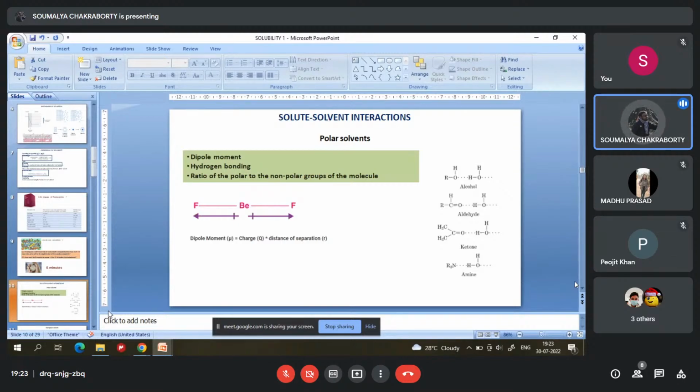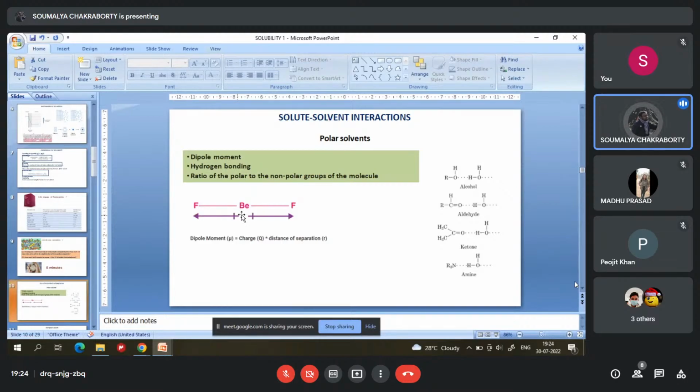More electron cloud will be towards the chlorine atom and less towards the hydrogen atom. So the chlorine atom will take a temporary negative charge and the hydrogen atom will take a temporary positive charge, that is charge formation. And dipole moment is basically the product of the charge and the distance of separation.